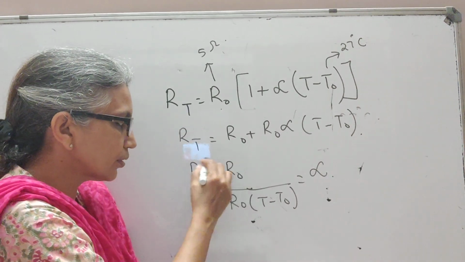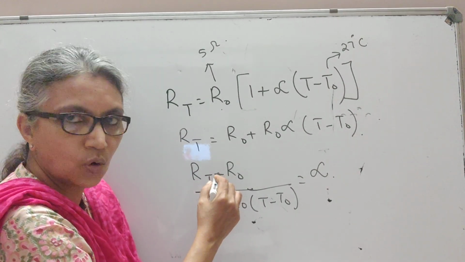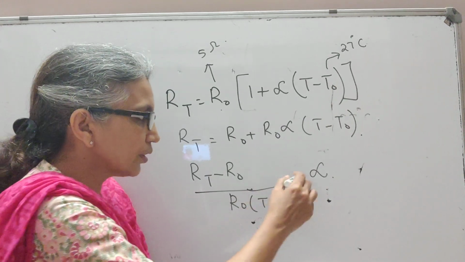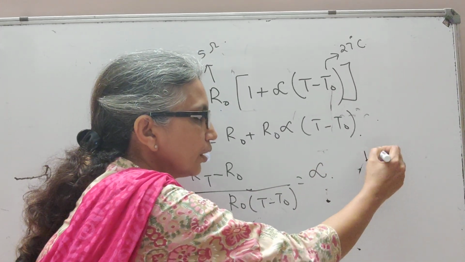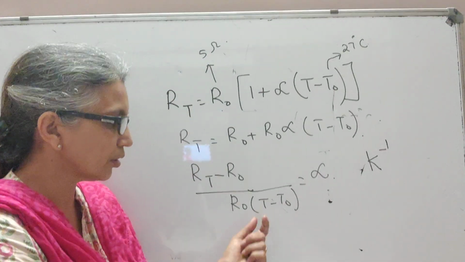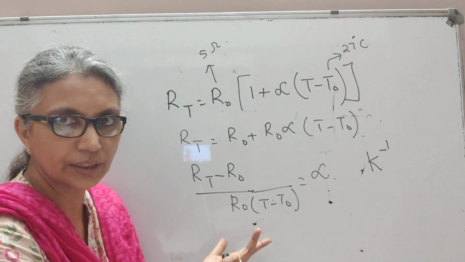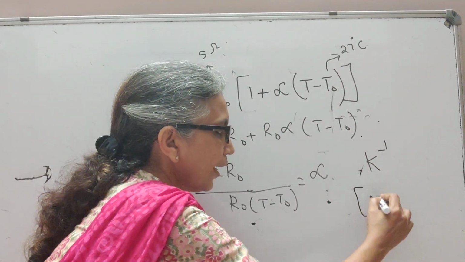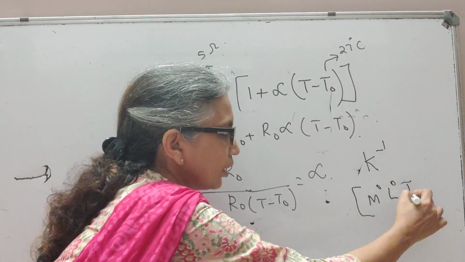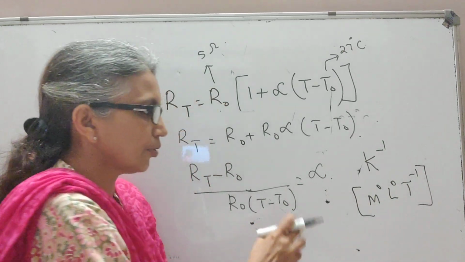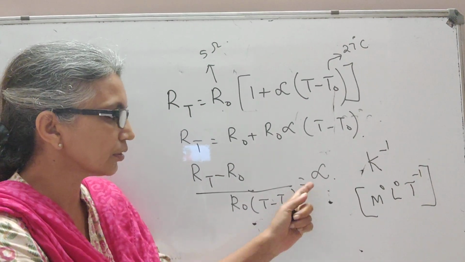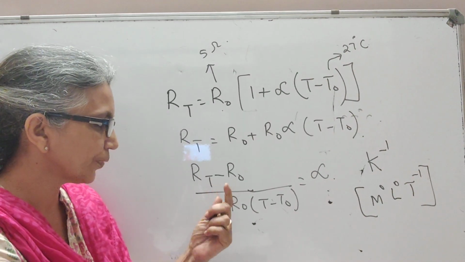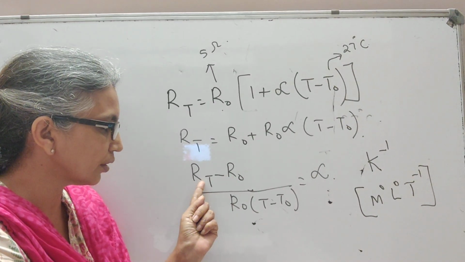Now, the SI unit of this is ohm, this is also ohm, and this is Kelvin. So the SI unit of alpha should be K raised to minus 1, because the ohms get cancelled and you have K raised to minus 1. The dimensional formula will be M0 L0 T0 K raised to minus 1, because temperature is on the bottom. So this is called the temperature coefficient of resistivity, which is defined as the change in resistivity.